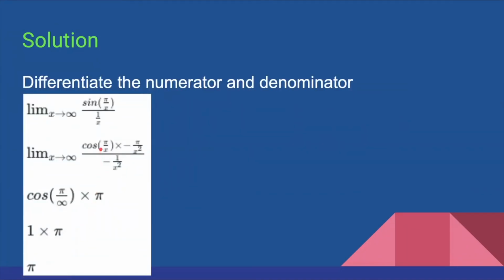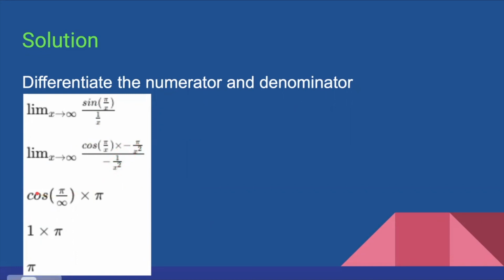So you differentiate the numerator and the denominator. For the numerator, you use the chain rule, and you'll get cosine of pi over x times negative pi over x squared. And for the denominator, the derivative of 1 over x is negative 1 over x squared. These cancel each other out, leaving you with only pi.